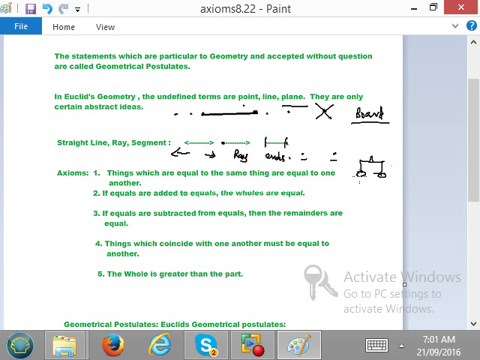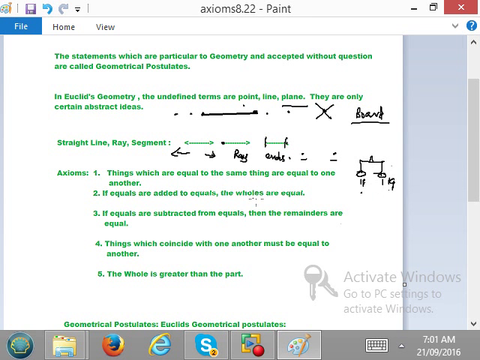We put some weight here, and when we do the balance, we measure it equal. If 1 kilo is there, here also 1 kilo. If you add the same amount here, the balance will still be there.